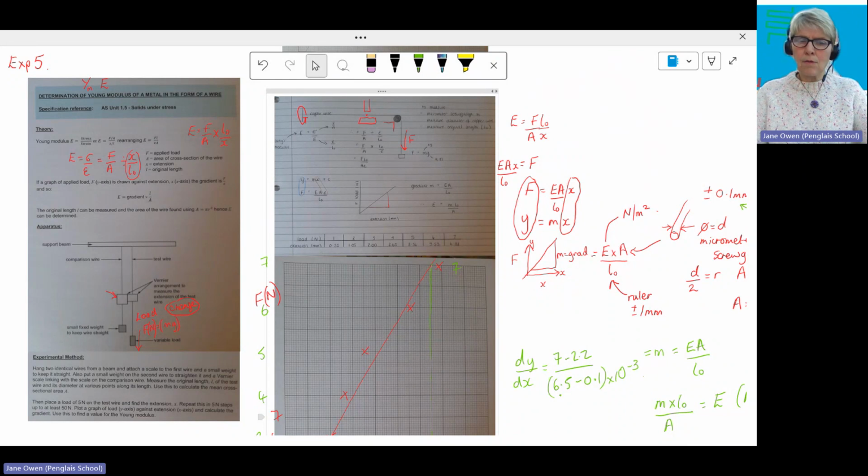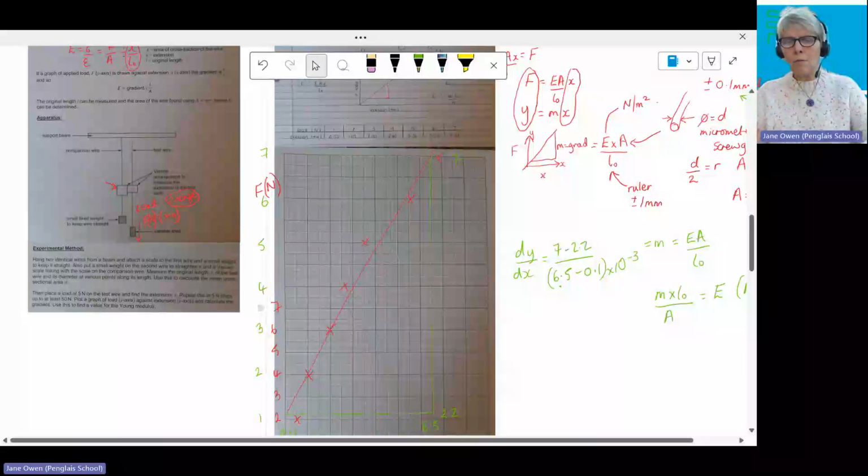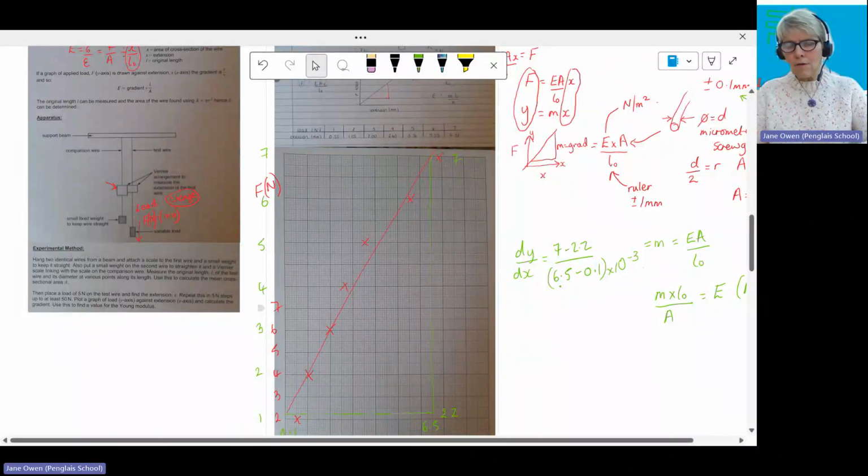You'll be expected to know what instruments you're using to measure everything, what you have to measure, what the resolution of the equipment is in this case, and then how you're going to manipulate those results on the graph to get a gradient, to get a Young's modulus.